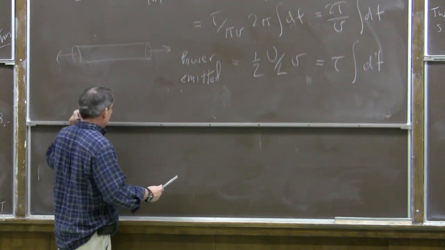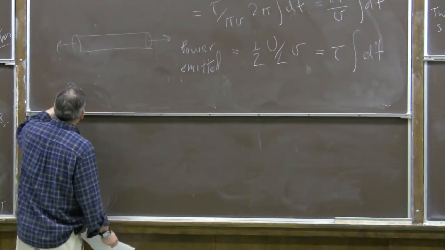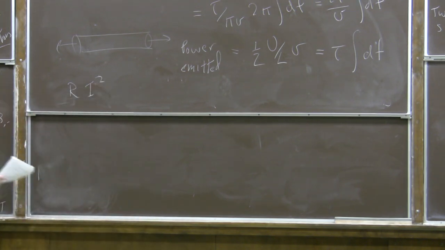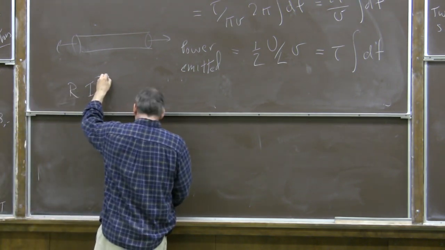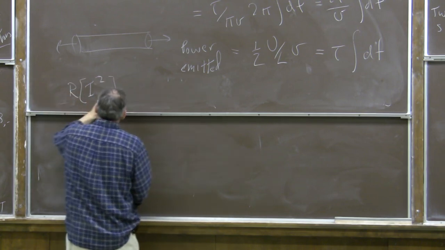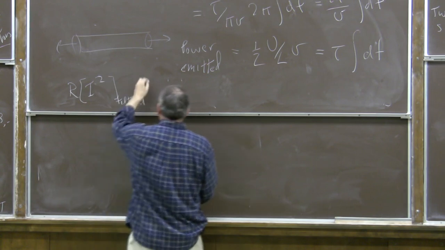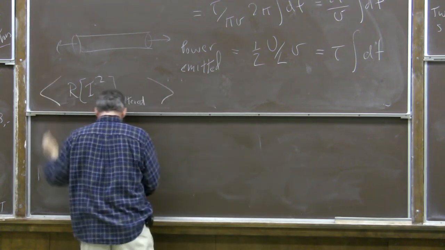The power is the resistance times I squared. But we're considering I squared in the specified frequency band. And then we're going to average I squared.